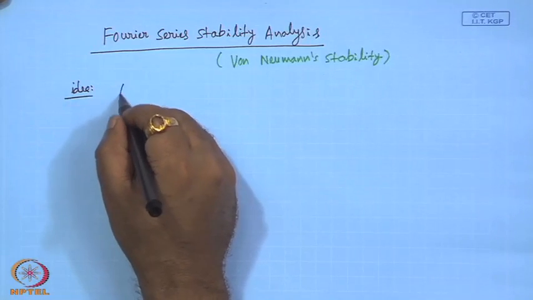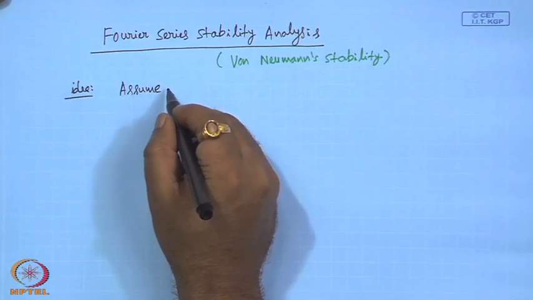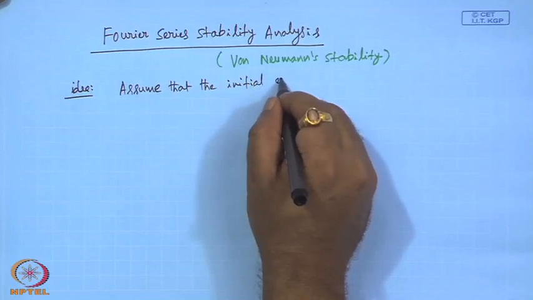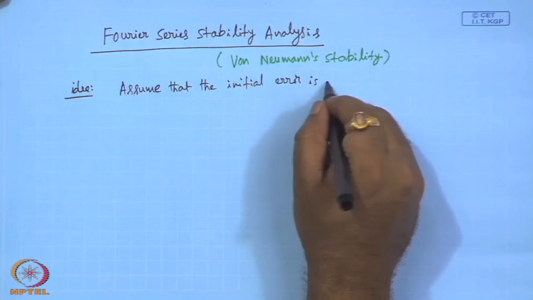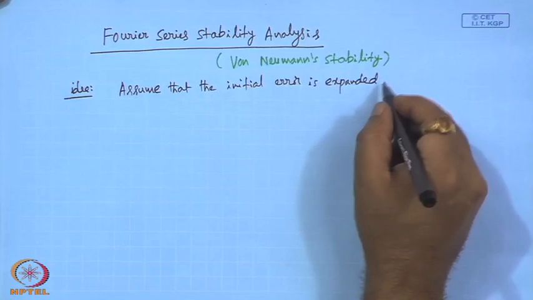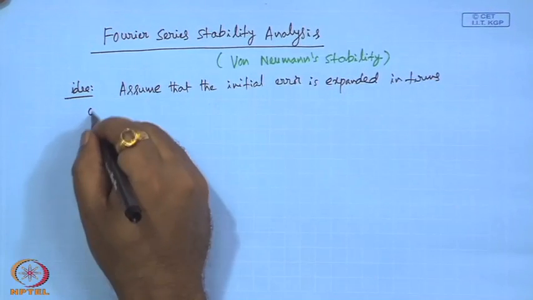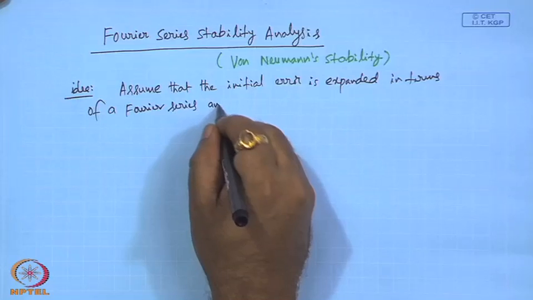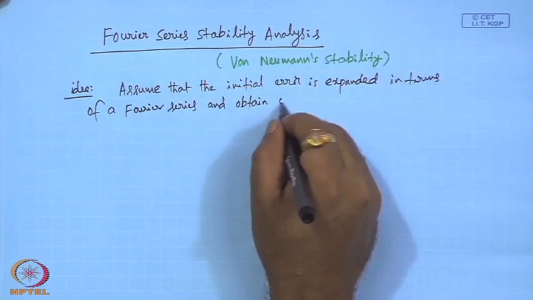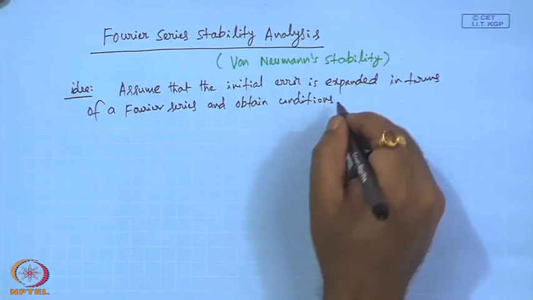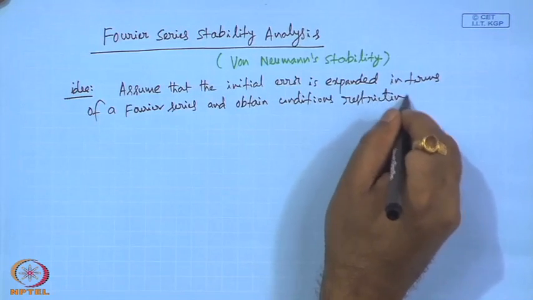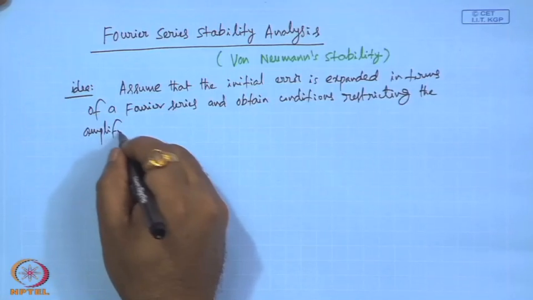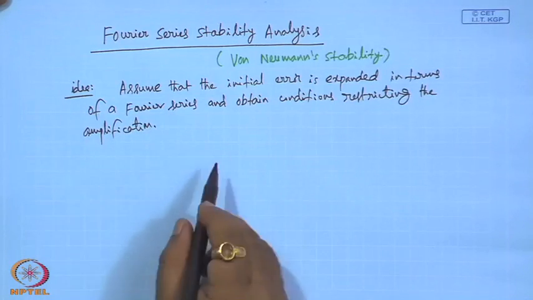As I mentioned, assume that the initial error is expanded in terms of a Fourier series and obtain conditions restricting the amplification. So, this is the main idea.